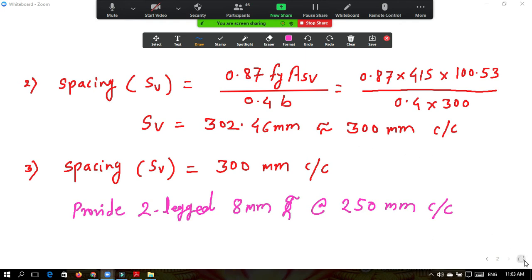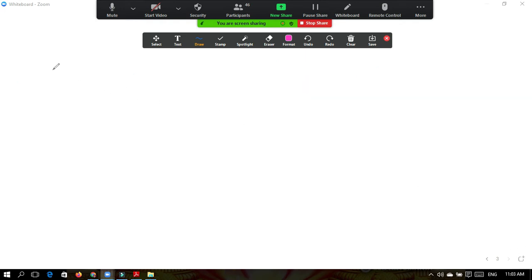So now the check for development length. First calculate the development length.